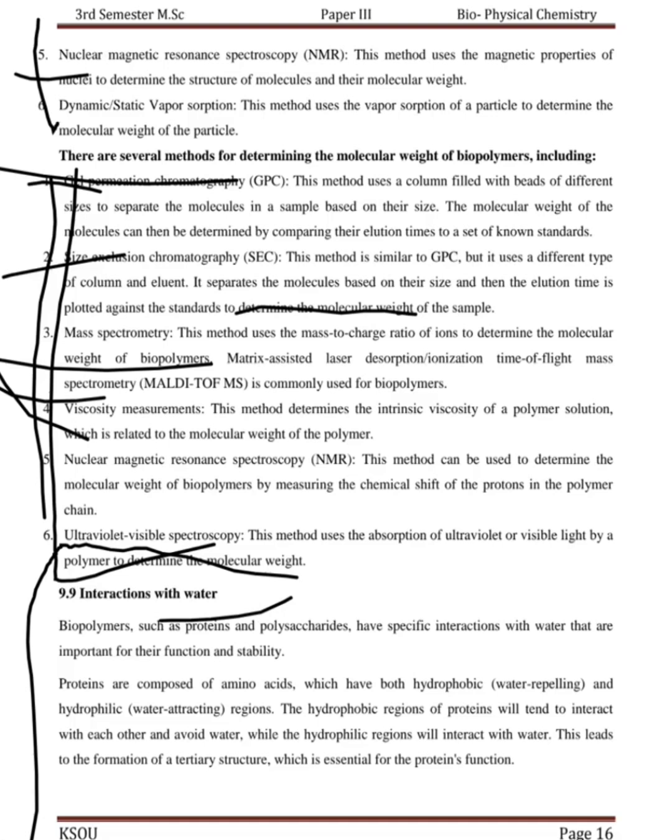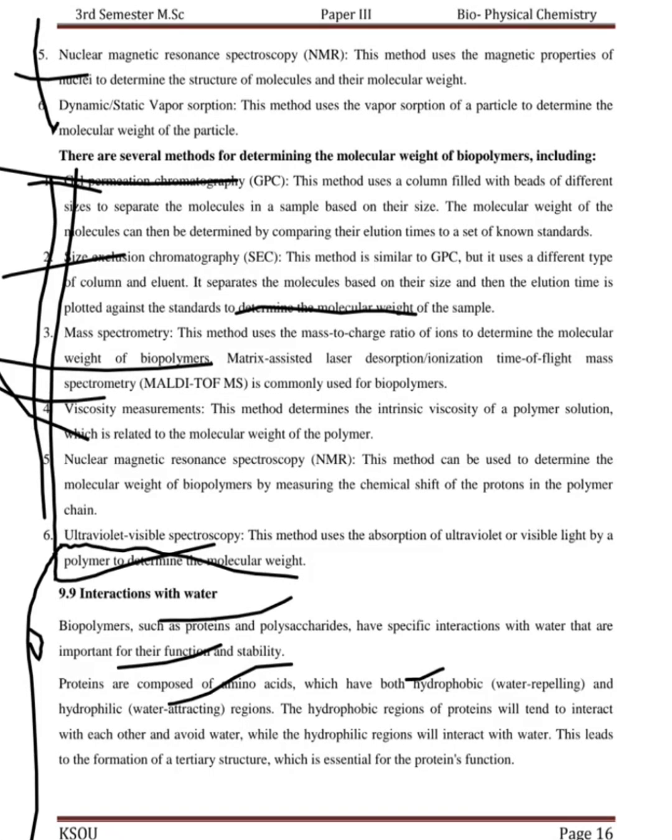In the interaction with water, biopolymers such as proteins, polysaccharides, and nucleic acids have specific interactions with water. They are important for their function and stability. Proteins are comprised of amino acids which have both hydrophobic and hydrophilic nature. Hydrophobic means water repelling, hydrophilic means water attracting.